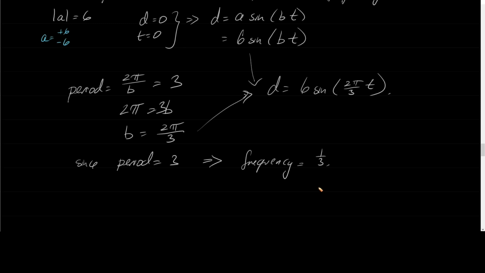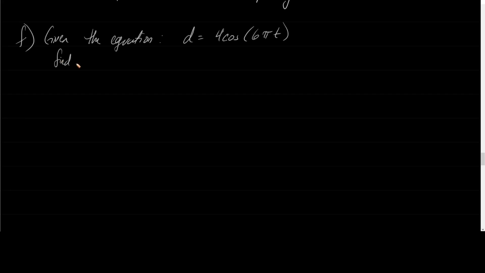Let's do another one with this harmonic motion stuff. So example F. Given the equation d is equal to 4 cosine of 6 pi t, notice that this is a harmonic motion or simple harmonic motion. Find, the first question is going to be the maximum displacement.